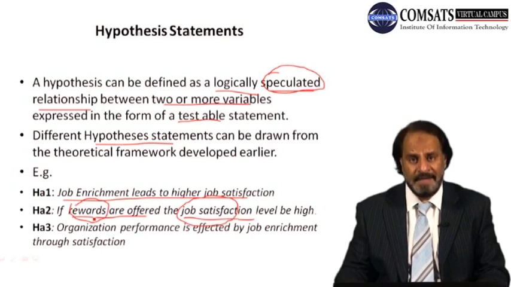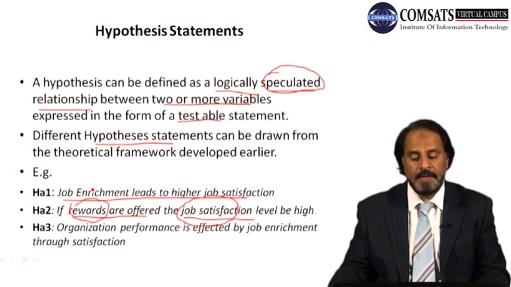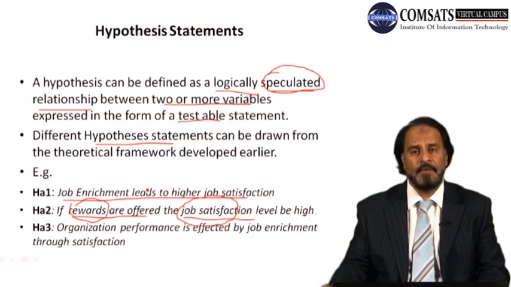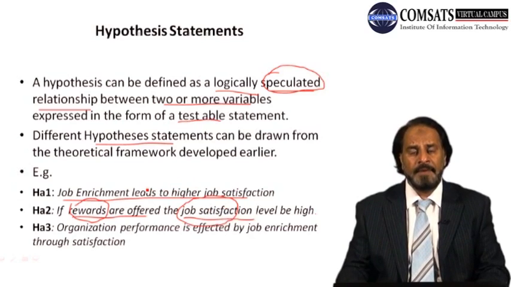We make certain hypothesis statements saying that this is the sort of relationship that exists between certain variables, such as rewards and job satisfaction, or job enrichment and job satisfaction. Once we make these claims, the next step logically is, we have made these claims based on the literature, now we need to make sure that we collect data and try to establish if these relations are true or not.